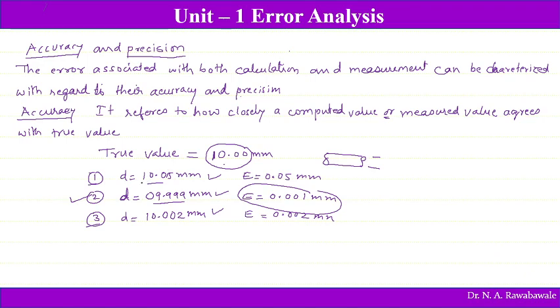We measured it 3 times, using a different device each time, and from these answers it is revealed that the second answer is very close to the true value. Therefore we say that the second answer, D is equal to 9.999 mm, is more accurate. So this means closeness to the true value.